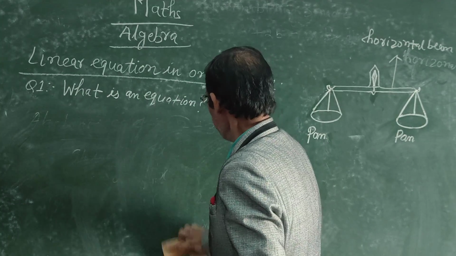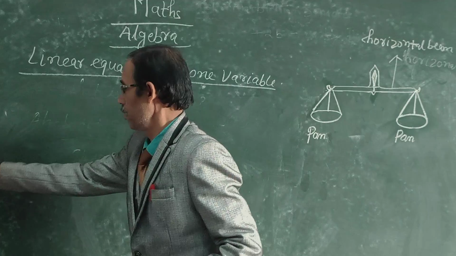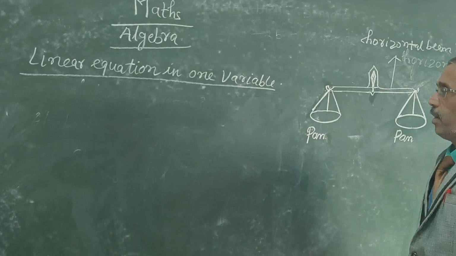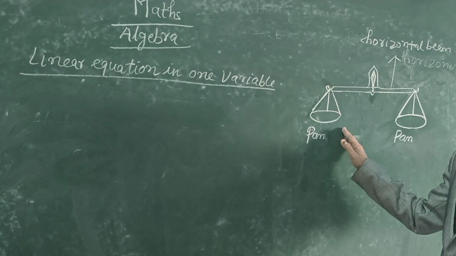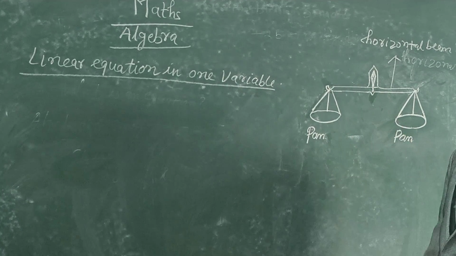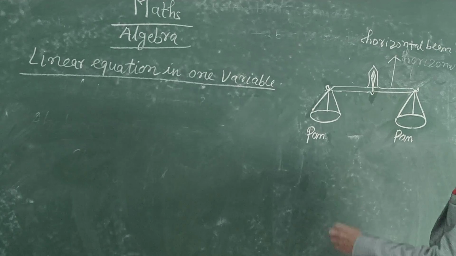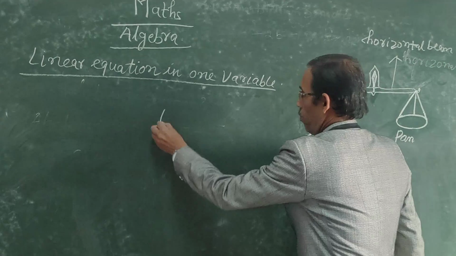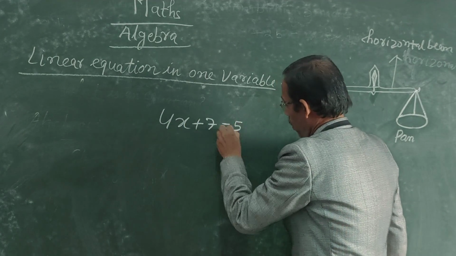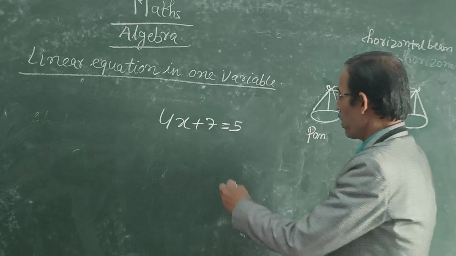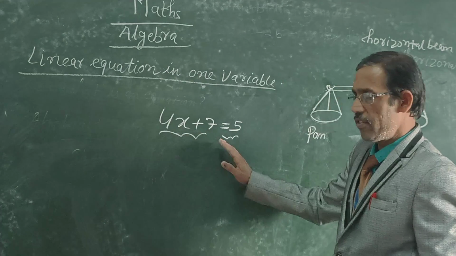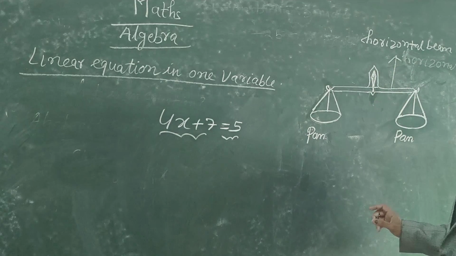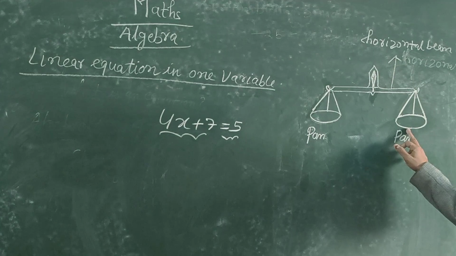Now an equation is like a balance scale. Just as there are two sides, left side and right side, of an equation, so you have two pans in a balance.